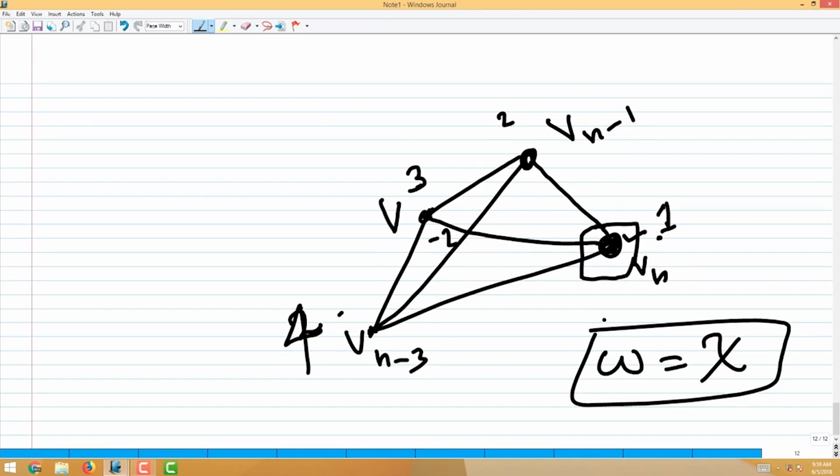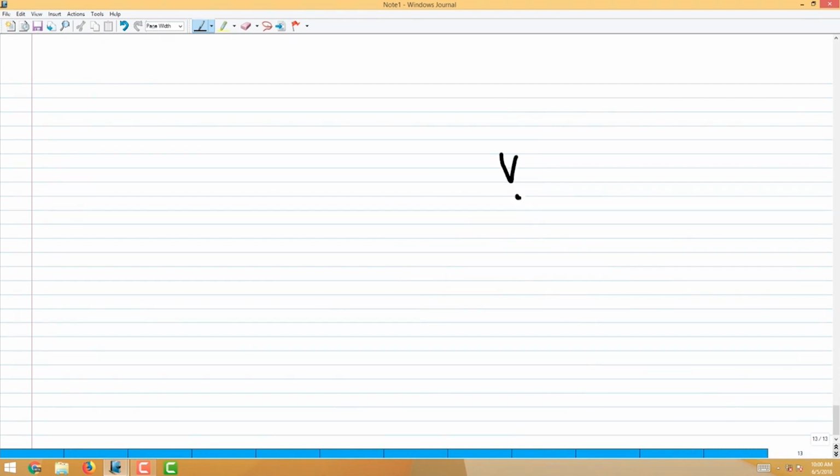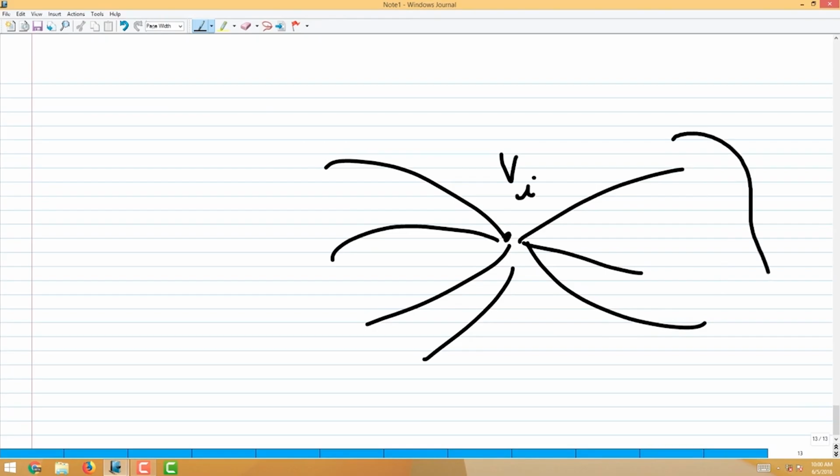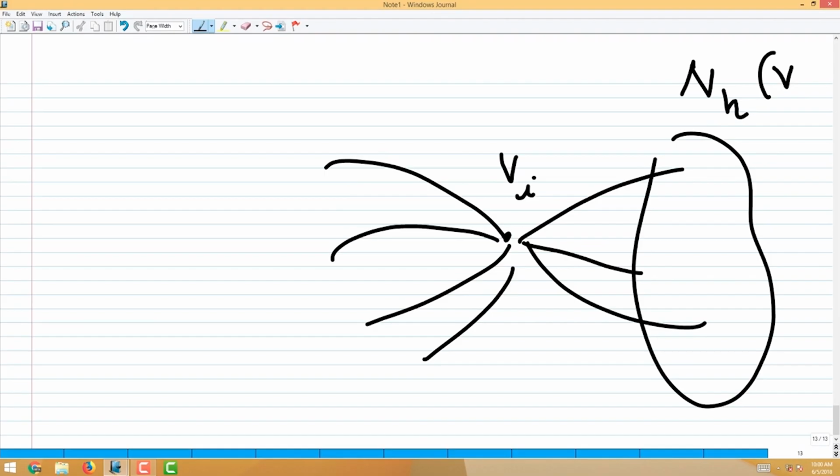But the neighbors of Vi are of two types. One is the higher numbered neighbors, so we can call it NH of Vi. That means this can be Vi plus 10 or Vi plus 101, Vi plus 21, something, the bigger numbers.